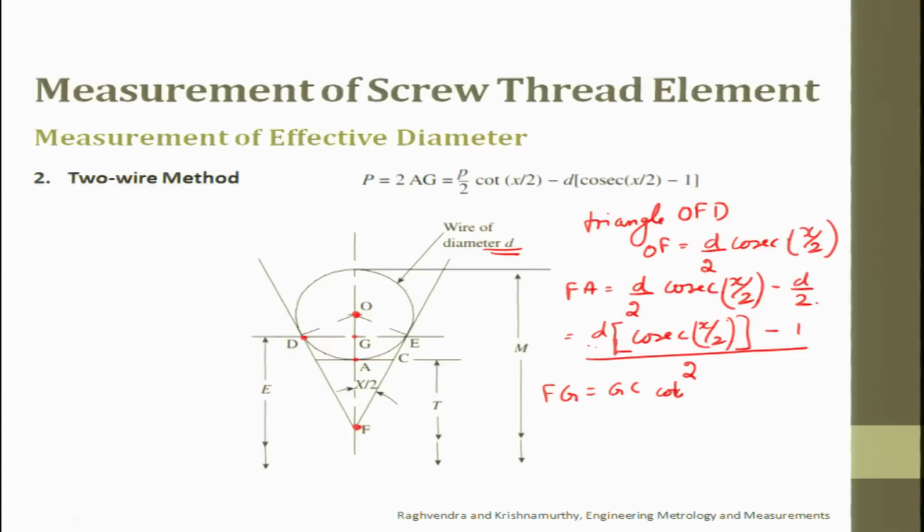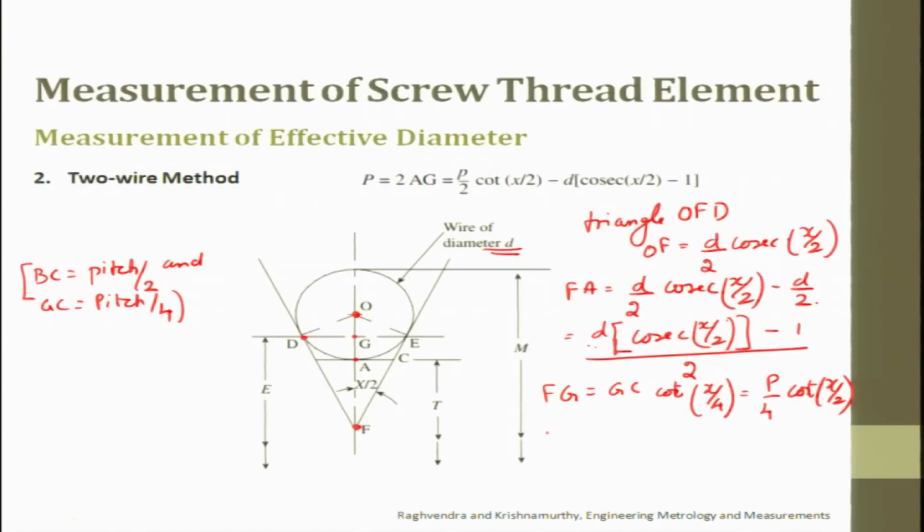FG is nothing but GC cot x by 2, which is nothing but P by 4 cot x by 2. Here we should understand BC is equal to pitch by 2 and GC is equal to pitch by 4.